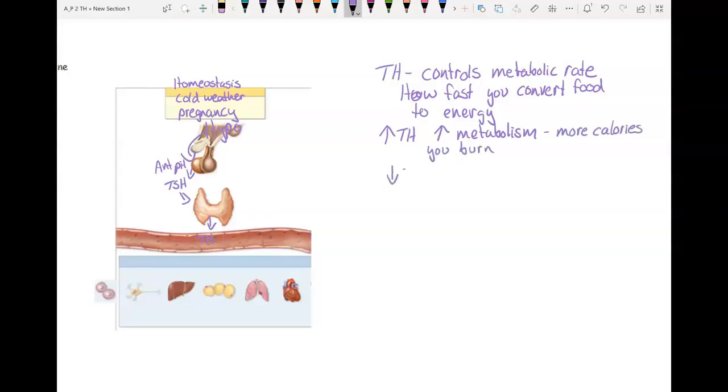If you have low thyroid hormone, you will have slow metabolism, and so you won't burn very many calories. And this can cause weight gain. And having high thyroid hormone can cause weight loss.